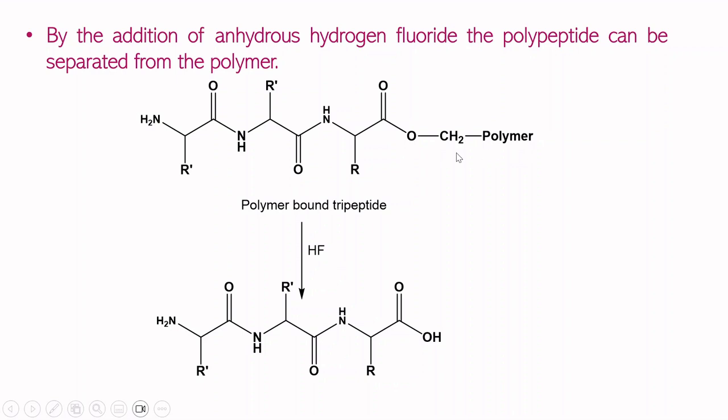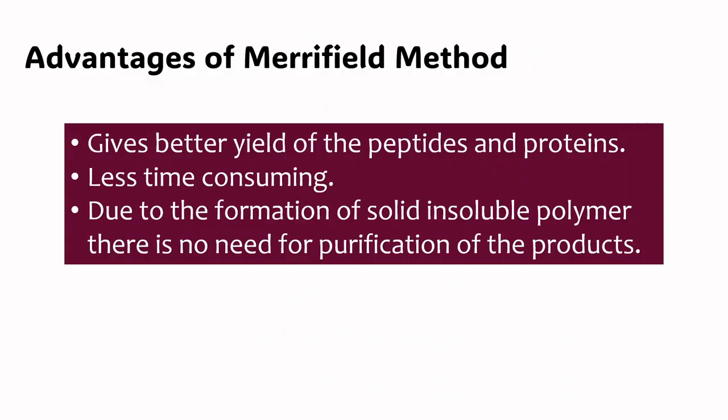When this polymer CH2 part leaves, it can be separated, and this polymer CH2 will be replaced by H. We will get the polymer separated peptide. So this is the entire procedure of the Merrifield synthesis.